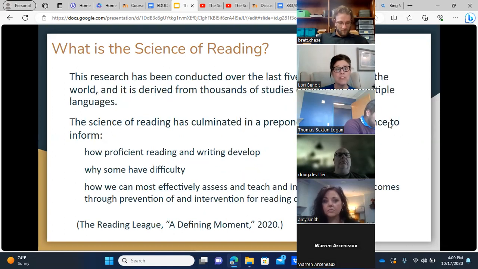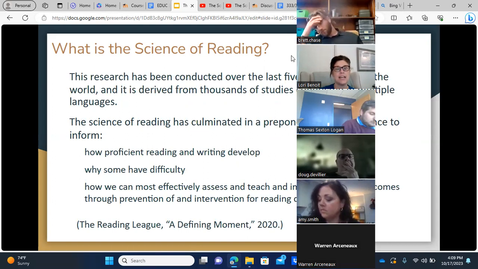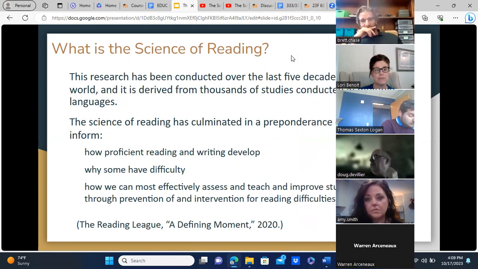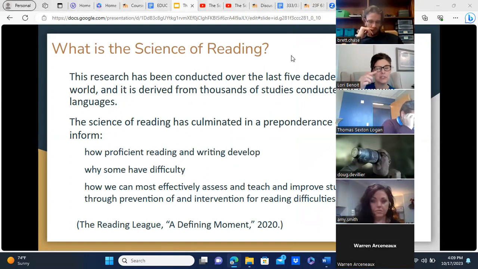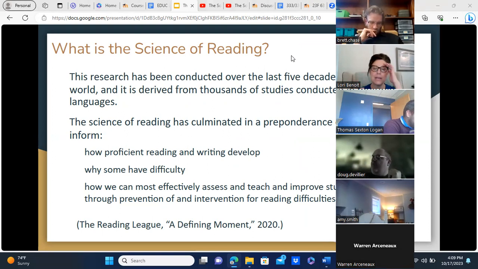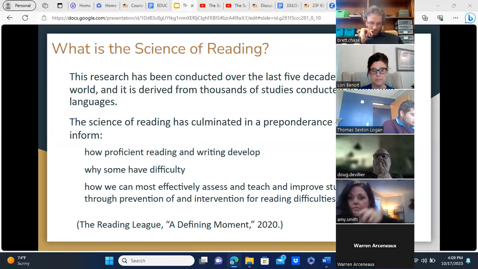So when we think about the science of reading, some things that we want to consider is that this particular bank of research has been conducted over 5 decades. And it actually started a little bit before that, but it wasn't explicitly studied. But the last 5 decades, it's been across the world, multiple languages, multiple countries, and multiple demographics have been studied.